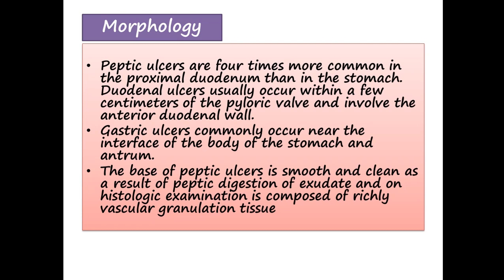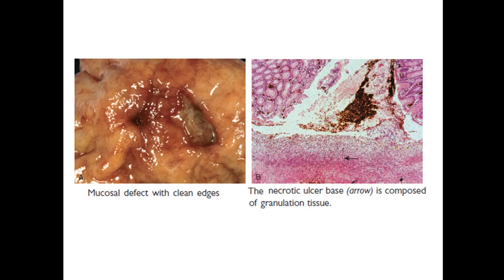And the granulation tissue, which appears as an increased region of vascularity, is the attempt of the tissue to replace the dead and necrotic tissue and to promote fibrous tissue formation and healing. In this picture, the one picture is the gross morphological picture in which the mucosal defect can be seen with clean edges.